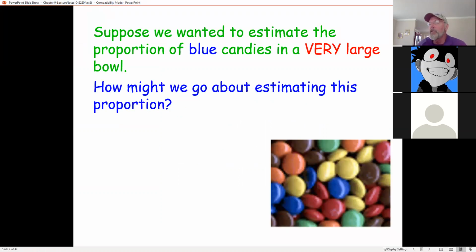All right, so let's take an easy idea. We have a bag of M&Ms, and we want to know what is the proportion of blue candies. All right, and so there's a big bowl of M&Ms, and we see a couple of blue candies, and we ask the question, what would be an estimate of the proportion that are blue?